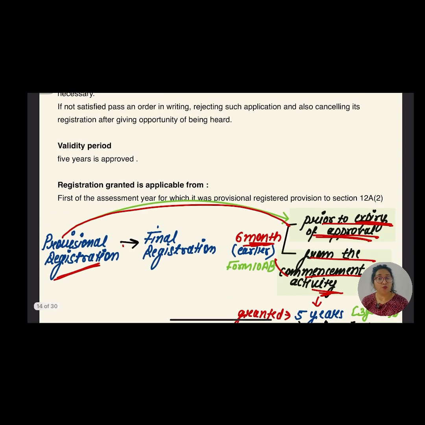And within what time limit is the Principal Commissioner going to grant the registration? From the end of the month in which the application was received, we take 6 months. Within the next 6 months the Principal Commissioner is going to grant the application.